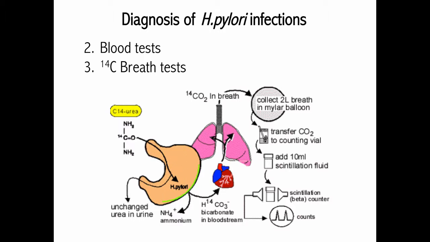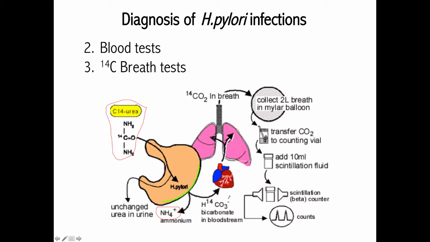Obviously, the ammonia doesn't contain any carbon, and so the radioactive carbon is in the bicarbonate. And so, if we just look at our little diagram here, here is the 14 carbon urea that is being taken in the pill. It goes down into the good old stomach. The ammonia, no carbon, so that's just going to be secreted.